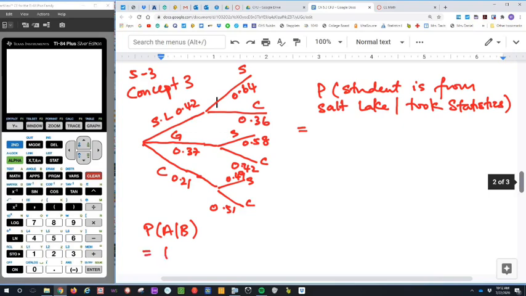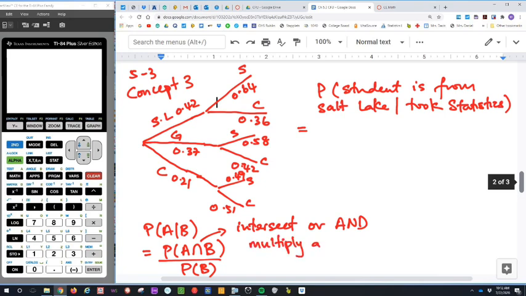The formula for conditional probability is probability of A intersect B, divided by probability of B. That inverted U symbol means intersect, so what's common between event A and event B.